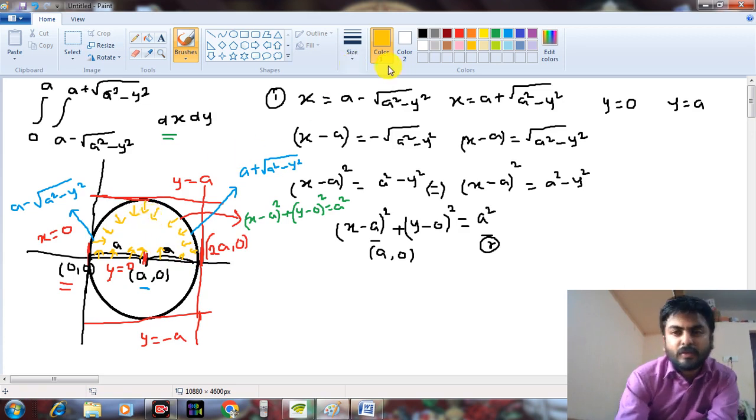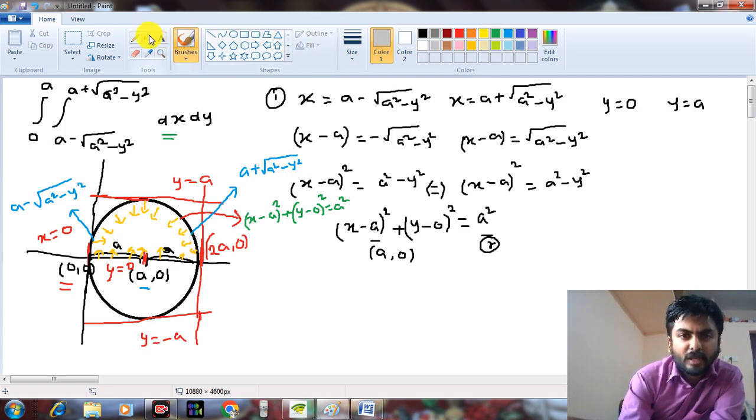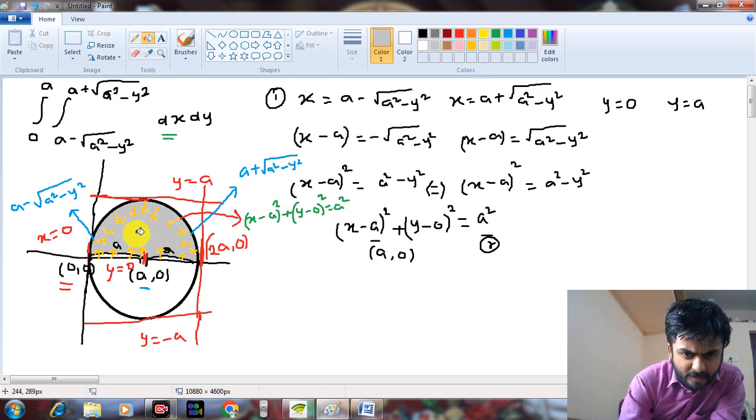So the region of integration is existing within this area, and for this area we have to draw the internal strips, that is horizontal to x axis.